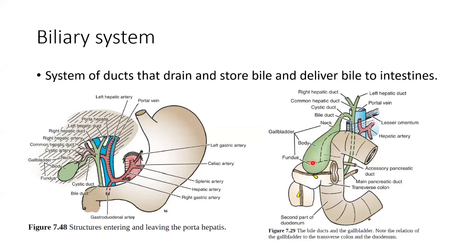So the function of the gallbladder is to store and concentrate bile. And when you have food within the duodenum, especially lipids, a hormone called cholecystokinin is released, and it stimulates the gallbladder to contract. At that time, bile enters the duodenum and helps to digest the lipids.